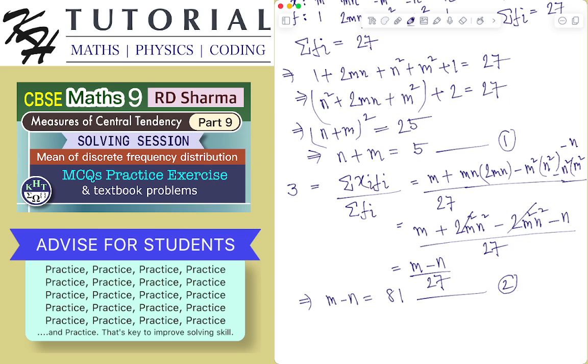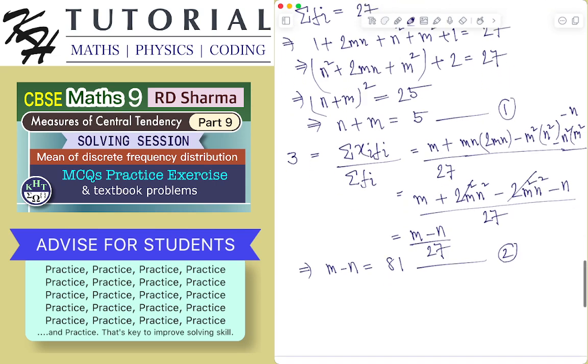If I solve these two equations 1 and 2, let me see. So I have n plus m is equal to 5 and I have m minus n is equal to 81. If I add these two equations, I have twice of m is equal to 86.